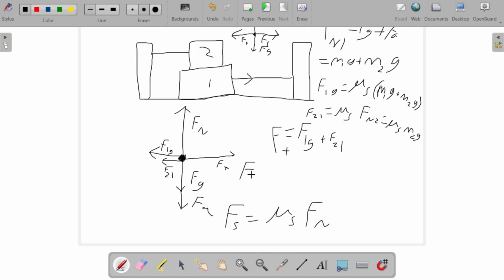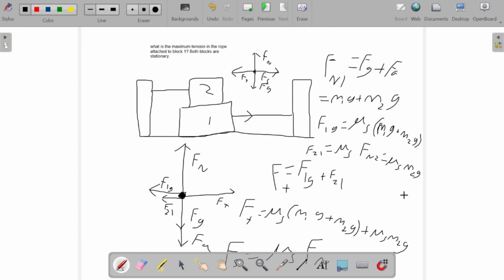So you can say Ft equals mu s times m1g plus m2g, plus mu s times m2g. Okay. That's the first question. And from here, we're going to solve, I think, 2 more. So yeah, let's go on to the next one.